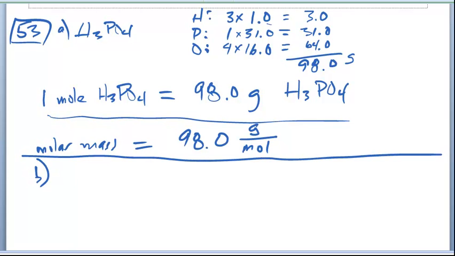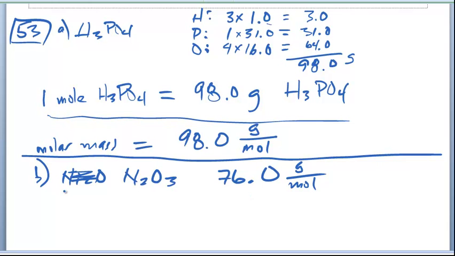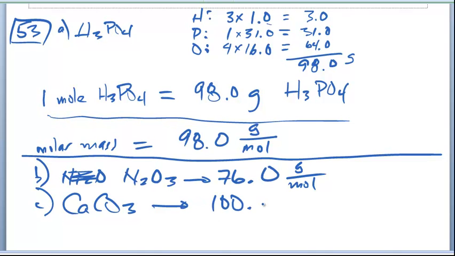Okay. All right. Now let's go to part B. Part B is asking about dinitrogen trioxide, and the molar mass is 76.0 grams per mole. C. This is calcium carbonate, and the molar mass of calcium carbonate is 100.1 grams per mole.